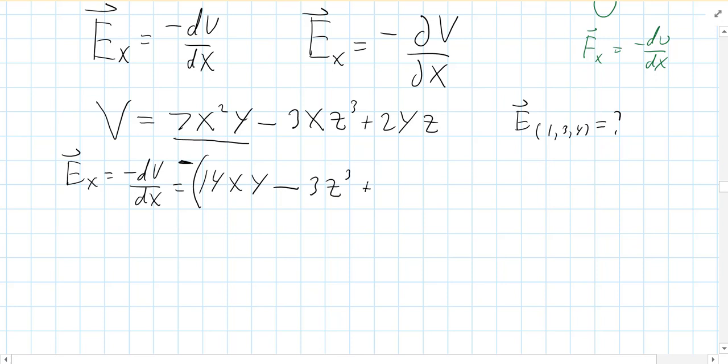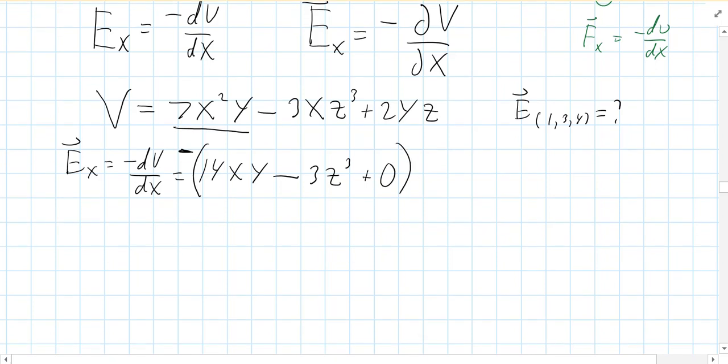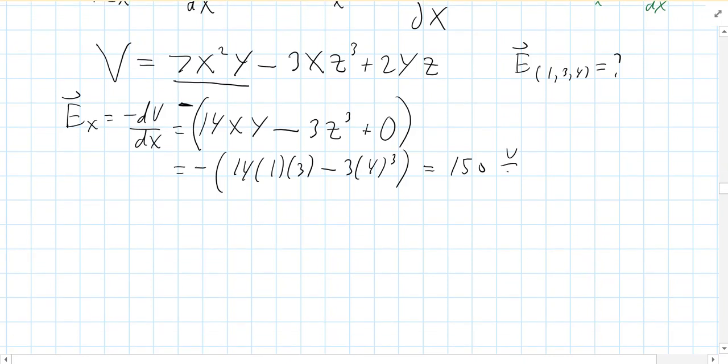And in the last term, there is no x, so it's like a constant, so the derivative is 0. If you plug in your numbers, negative 14, x was 1, y was 3, minus 3 times z, which is 4, cubed, you get 150 in the x direction. That would be newtons per coulomb or volts per meter. I'll write it as volts per meter because that's what you see here, dV dx, volts per meter.